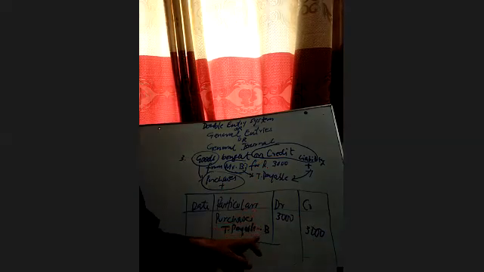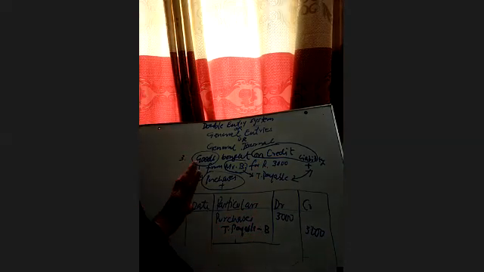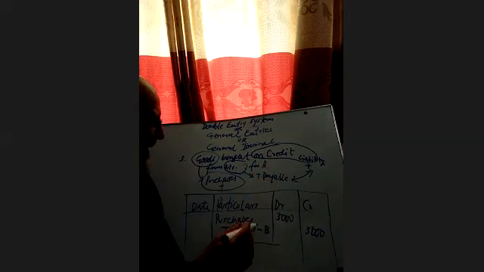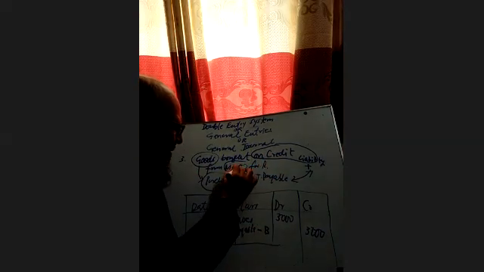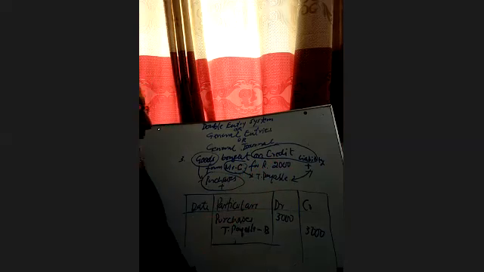Purchases debit, trade payable credit. Now the same thing is happening where I am just changing the name of the person and the amount. Mr. C, and the amount is 2000. Everything is the same.